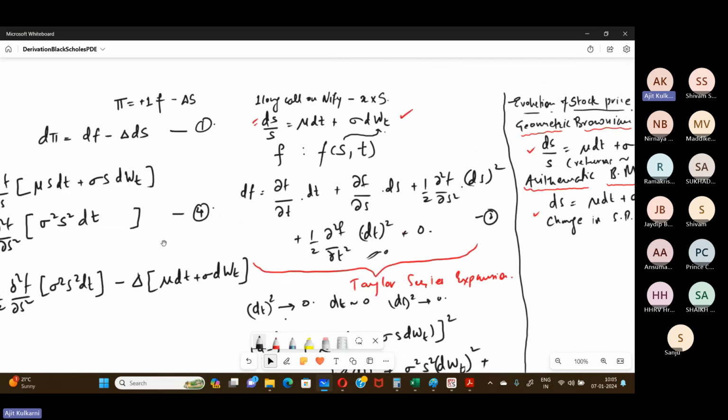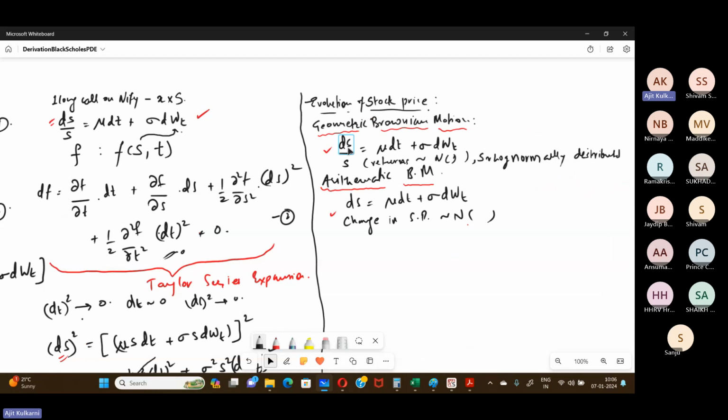Consider this as a price process of stock returns. Why is there an uncertainty in the returns? Because of which term?